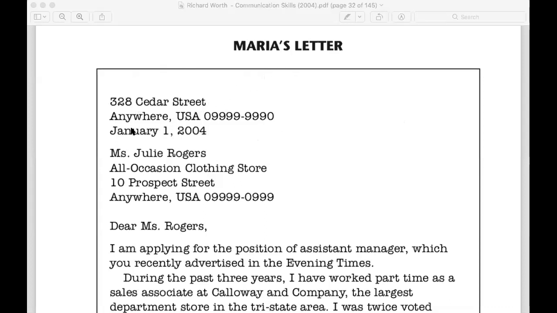You will not occupy much space, but you would write your address in a line, or two. Then you can give your email, you can give your phone number also, and then you can write the date. She hasn't given her email or the phone number, but you may give your email and phone number here, and then this is the address of the employer.